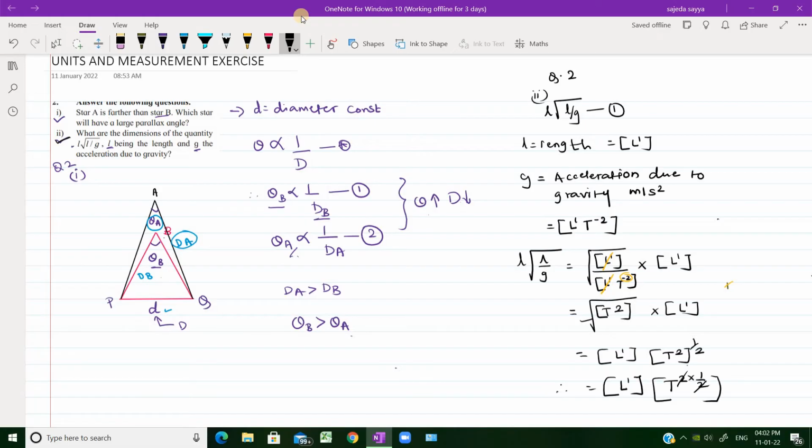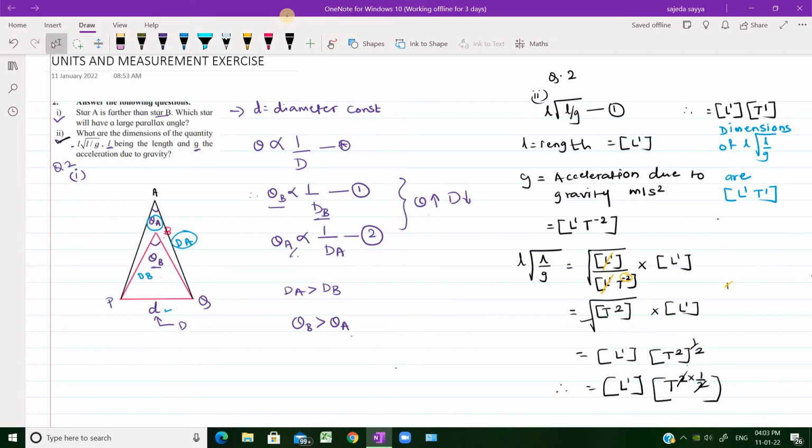This 2 gets cancelled. Therefore, this will be L raised to 1 T raised to 1. Therefore, the dimensions of the term l square root of l by g are L raised to 1 T raised to 1.